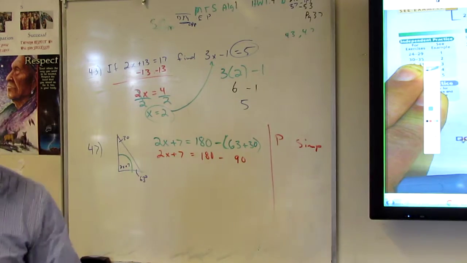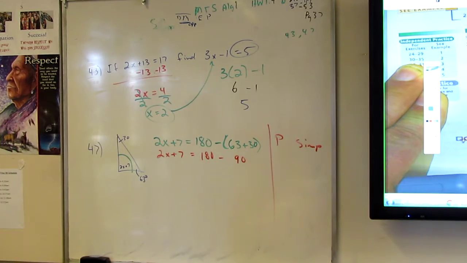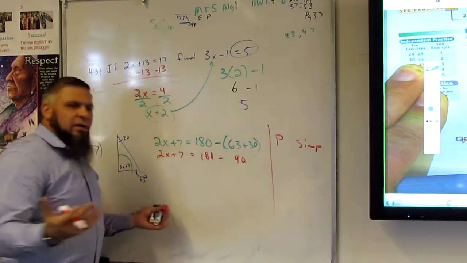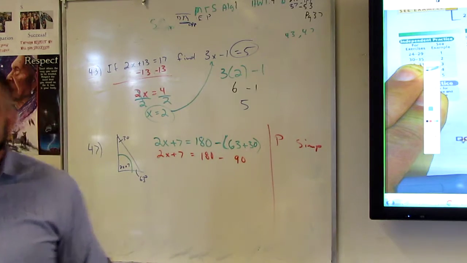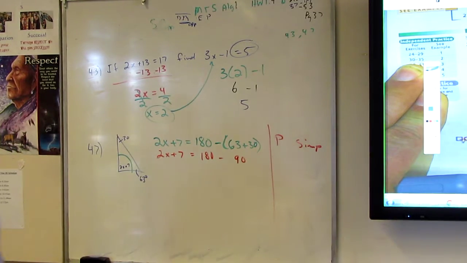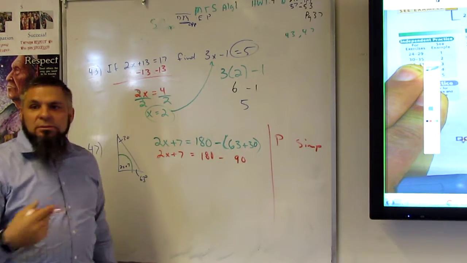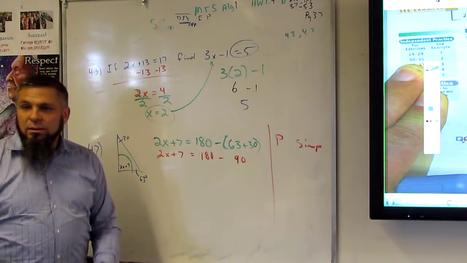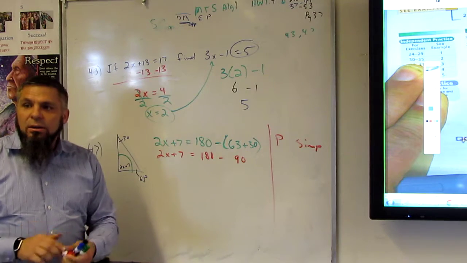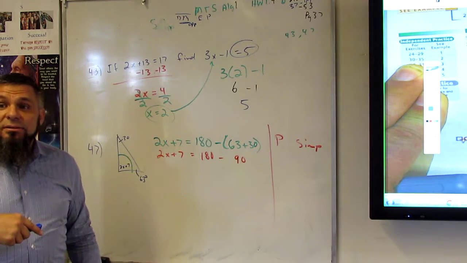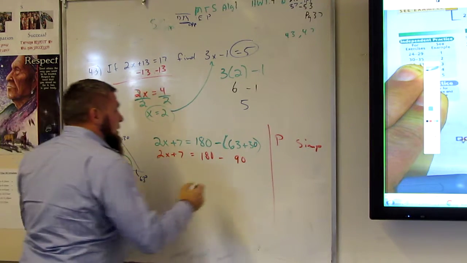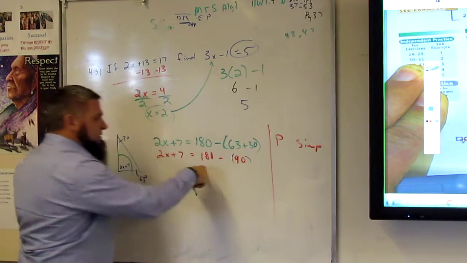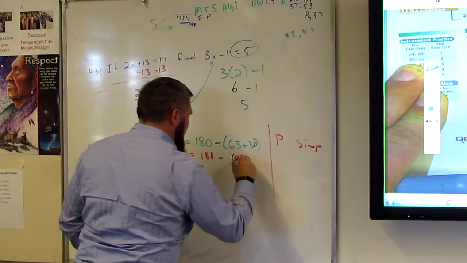But for right now, all we need to know is parentheses. Exponents, are there any? No. Multiplication, division, from left to right. Anything I can multiply? No. Addition, subtraction? Yes. See, this guy is still going to subtract here. This isn't 90. This is 93.